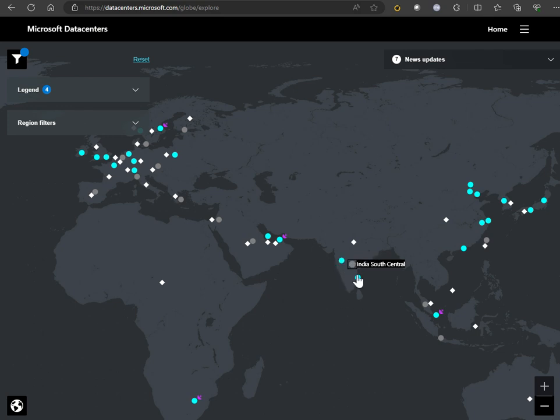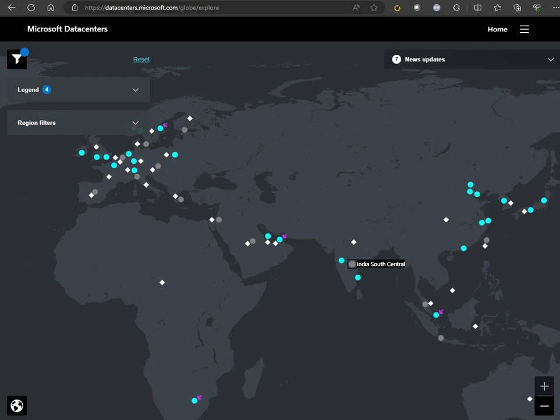For example, the south users can very easily access the south region of Azure cloud, and in the same way the north region people can very easily access the north region Azure infrastructure. That is the primary use of dividing a geography into various regions.